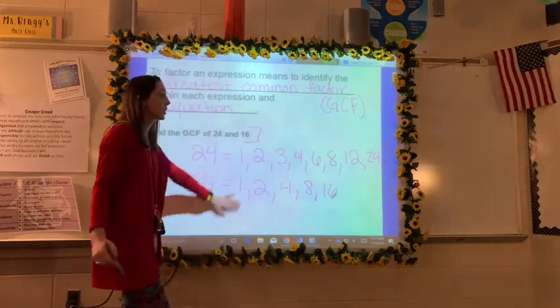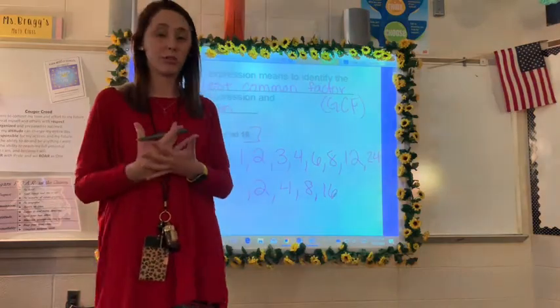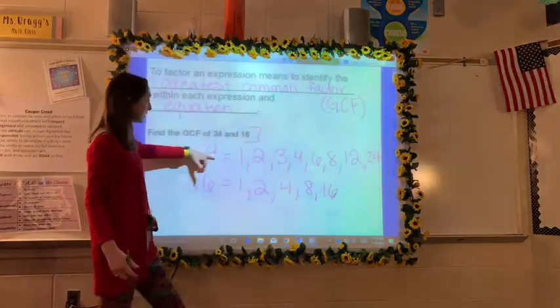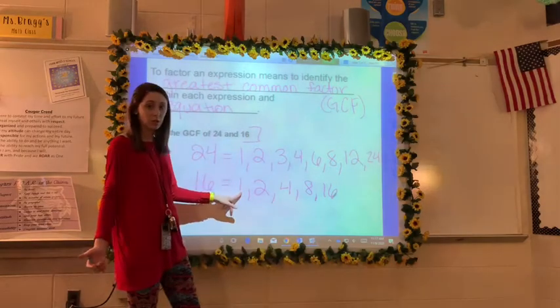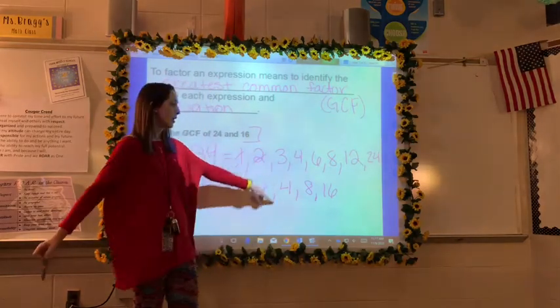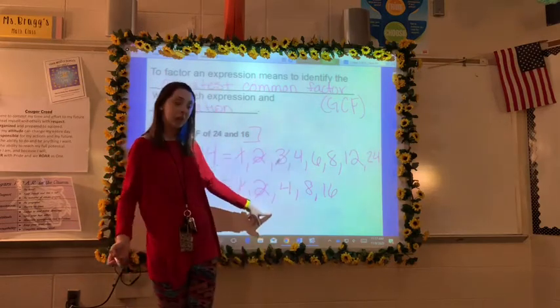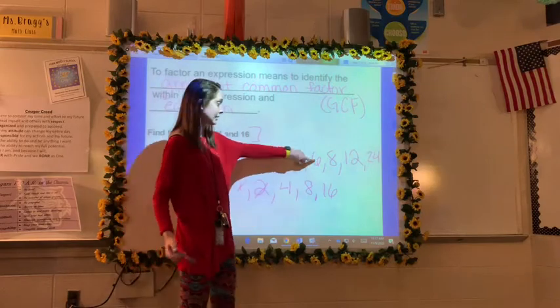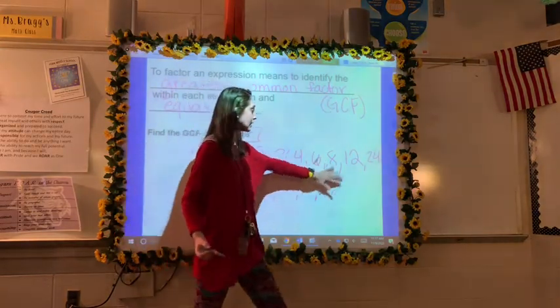So now we have to look at both these numbers, and we have to find the biggest number that's common in both of them. So for example, here's our numbers and here's our numbers. Well, 1, they can go into both, but it's small, okay? 2 can go into both. Can 3 go into both? No. What about 4? Yeah, okay, 4, we're getting there. 6 can't go into both. Well, 8 can go into both. And then 16, 12, and 24.